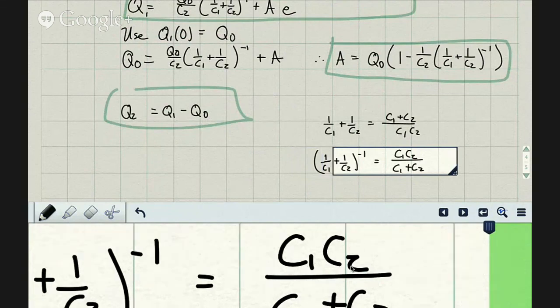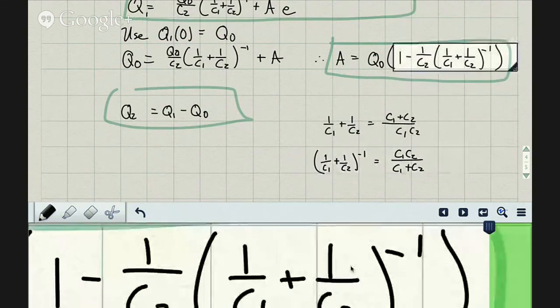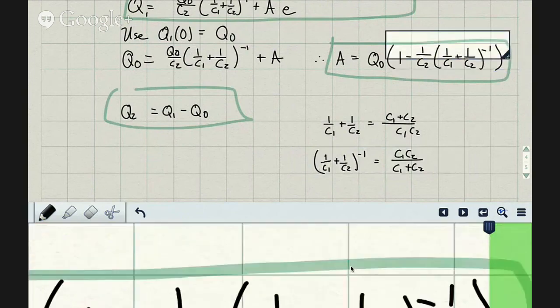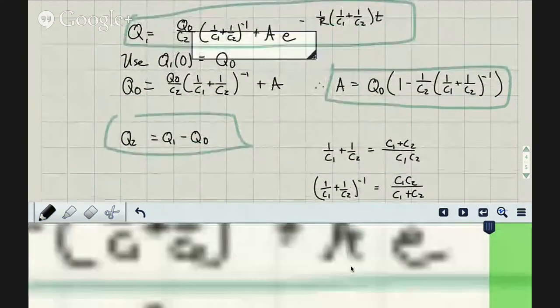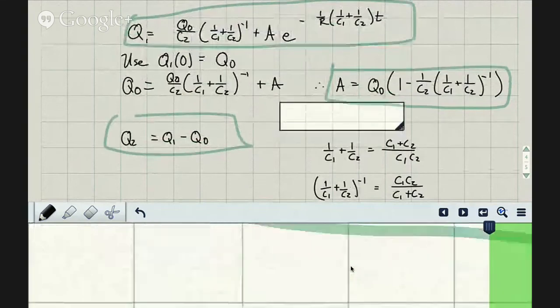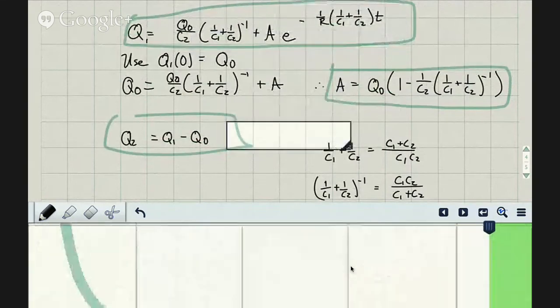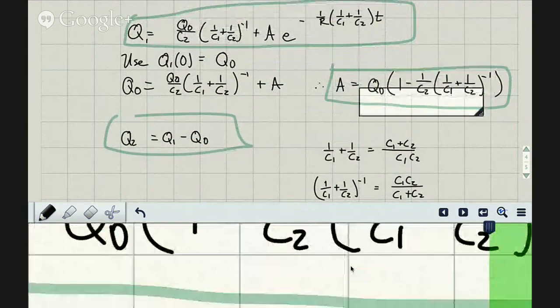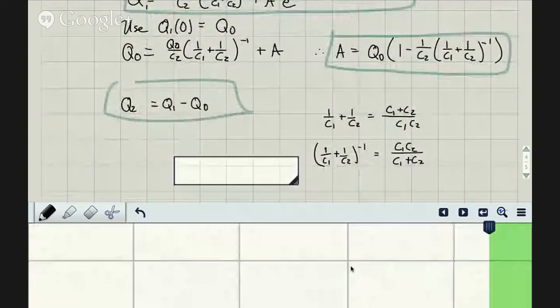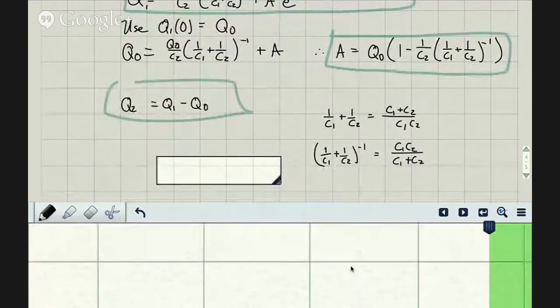And you can use this expression to simplify this, and it'll end up being just C1 over C1 plus C2, all right, here. And so you can use that expression here and here, and, well, not really here so much, but more so here, here, and I'll simplify things a bit. But other than that, there's not much other place to go.